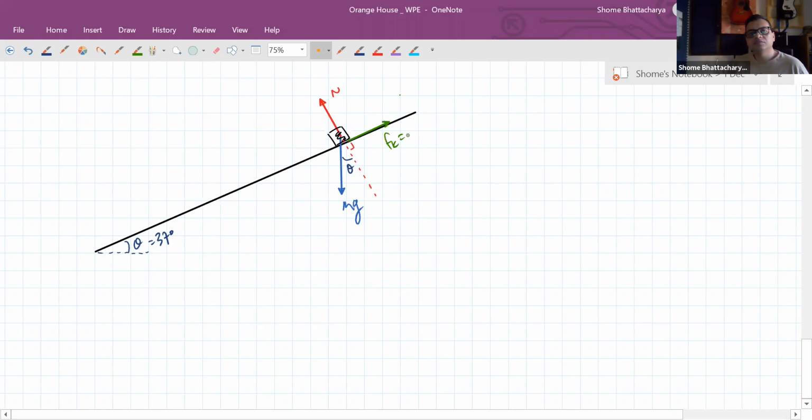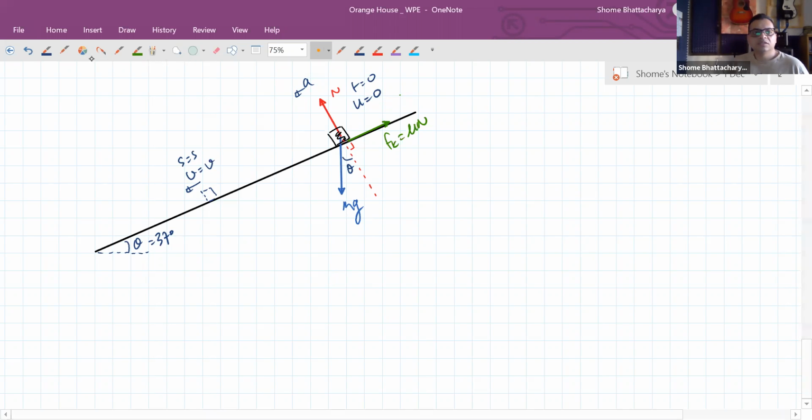So this kinetic friction will be mu N, and as a result of that, the block has an acceleration in this direction. So as it starts with initial velocity 0 at t equal to 0, by the time it reaches somewhere here, it has some velocity v and some displacement s.